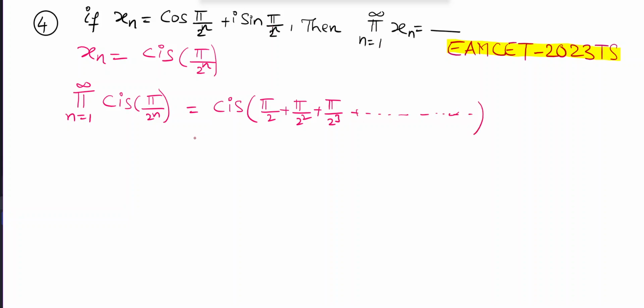Taking pi common, this is cis of pi times 1 by 2 plus 1 by 2 squared plus 1 by 2 cubed plus so on.